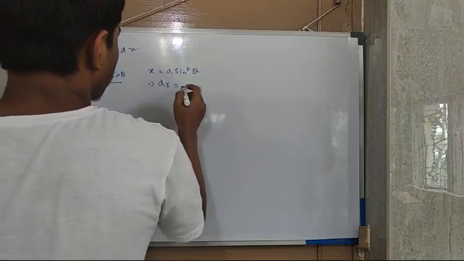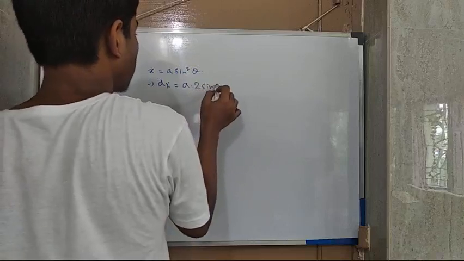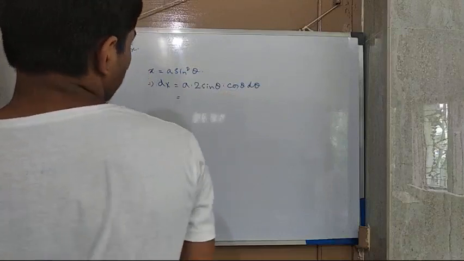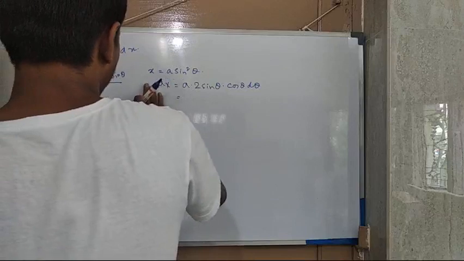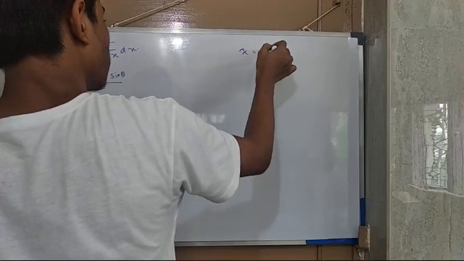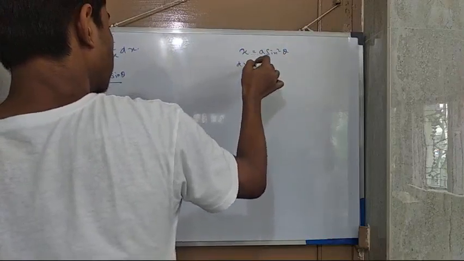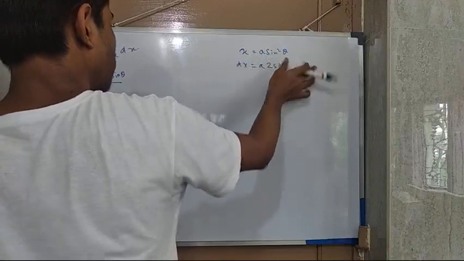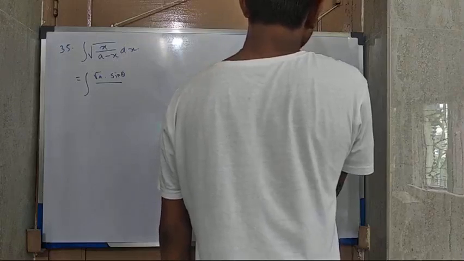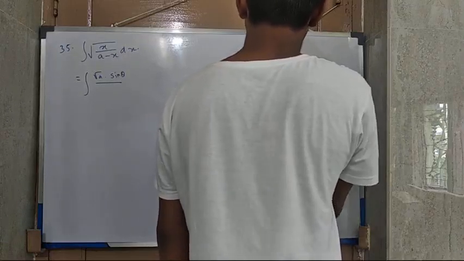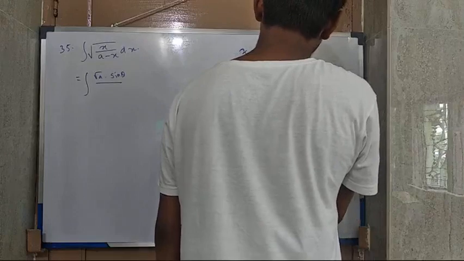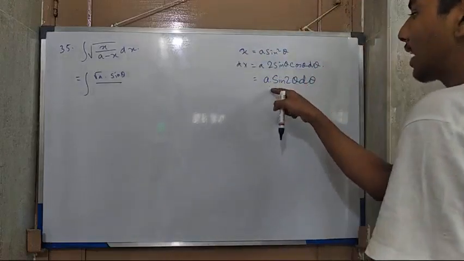So x equals a sine squared theta, so dx is equal to a times 2 sine theta cos theta d theta, which is actually a times sine of 2 theta d theta.